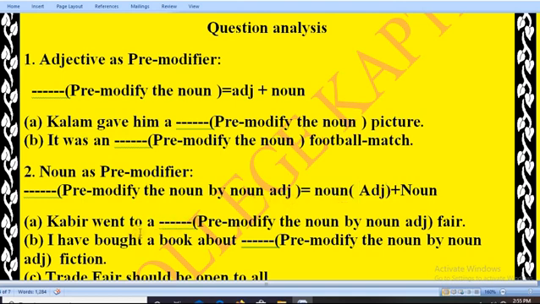Kabir went to a fair. What type of fair? Maybe book fair, trade fair, car fair, or mobile fair. These are all called pre-modifying the noun by a noun adjective. Why? Trade fair: here trade is a noun, fair is also a noun. Car fair: car is a noun, fair is a noun.